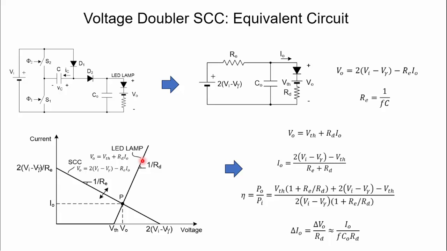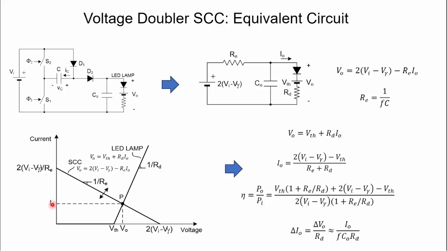So the slope, as we know, of this part of the characteristic is equal to 1 over the series resistance of the LED load. So from the intersection of these two characteristics, we can obtain the operating point that we are going to have for the LED lamp. So we can get the output voltage and the output current.